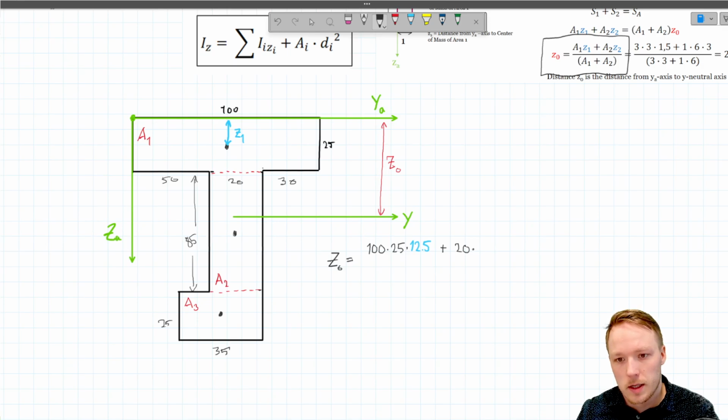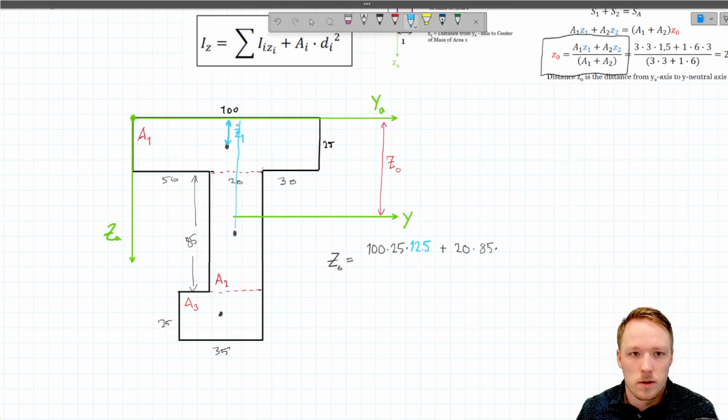So 20 times 85 is the area of area 2, and then we multiply it by the distance Z2, which is the distance from here to here. Z2 is 25 plus half of 85, which is 42.5, and that will make 67.5.